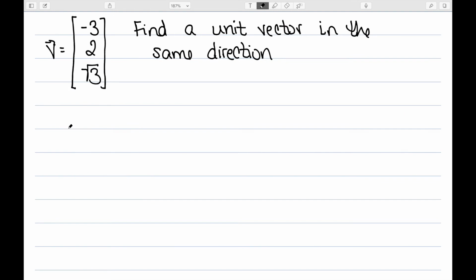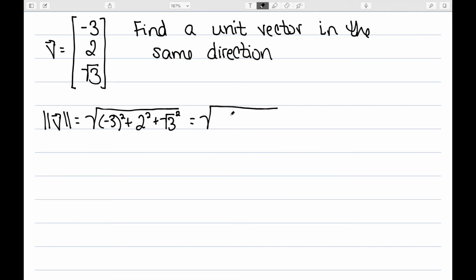Here I have a vector v, and I want to find a unit vector in the same direction as v. We need to start by finding the length of v. This is the square root of negative 3 squared plus 2 squared plus the square root of 3 squared.